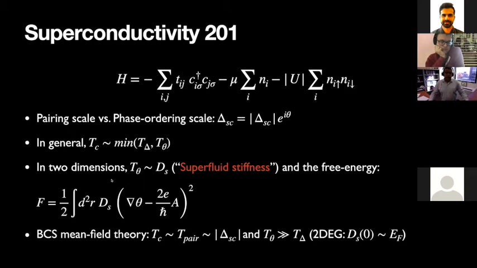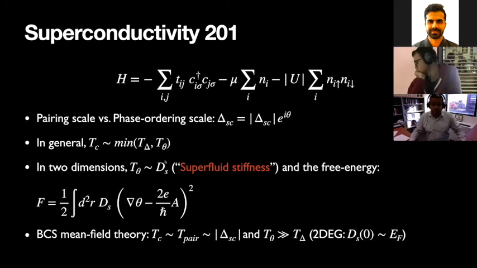So if we specifically focus on the case of 2 dimensions, the phase ordering scale is set by this object, which is known as the superfluid stiffness. And this has the same dimensions as energy. And this basically gives us a feel for how susceptible a superconductor is to phase fluctuations of the superconducting order parameter. Meaning, if I were to write down the free energy associated with the superconductor, it's the coefficient of this gradient theta terms.